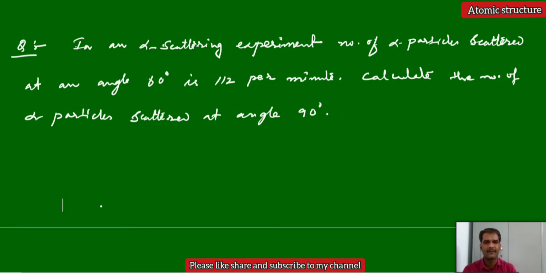Then calculate the number of alpha particles scattered at an angle of 90 degrees. How many alpha particles can be scattered at an angle of 90?